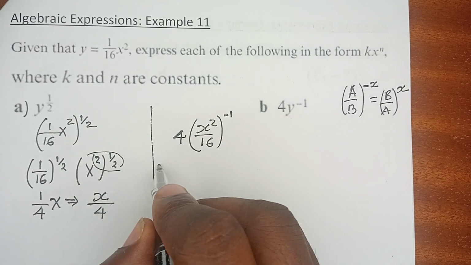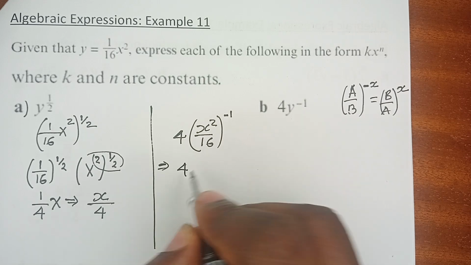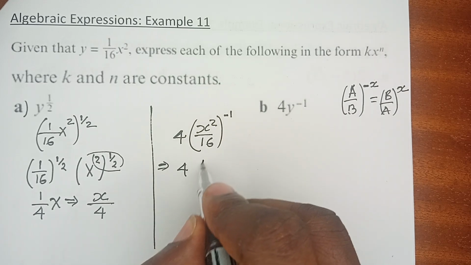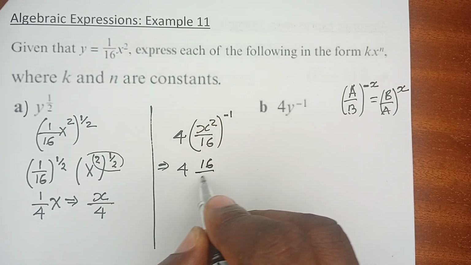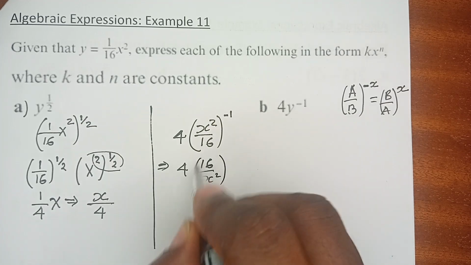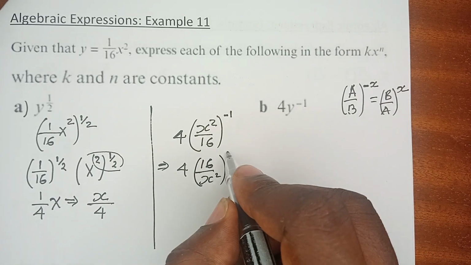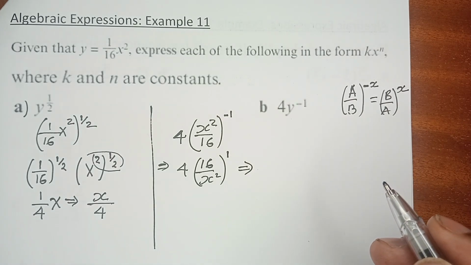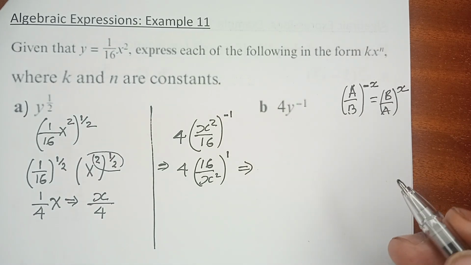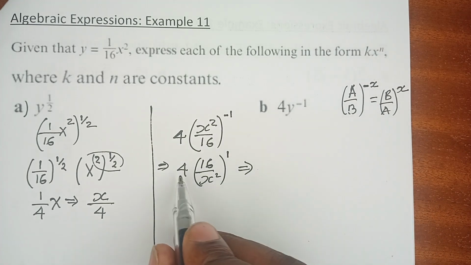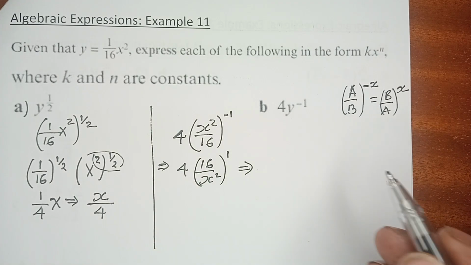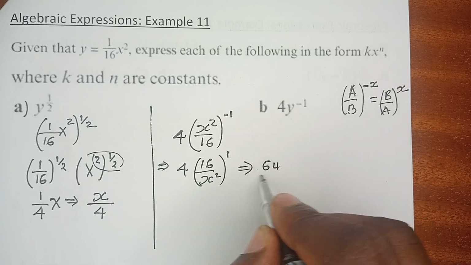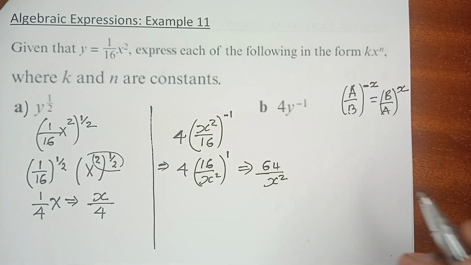So in this case, 16 and x squared will flip: 16 over x squared, now comfortably raised to power 1. And we all know that 16 over x squared raised to power 1 is as simple as that. So we are going to have 4 times 16, which is 64 over x squared.